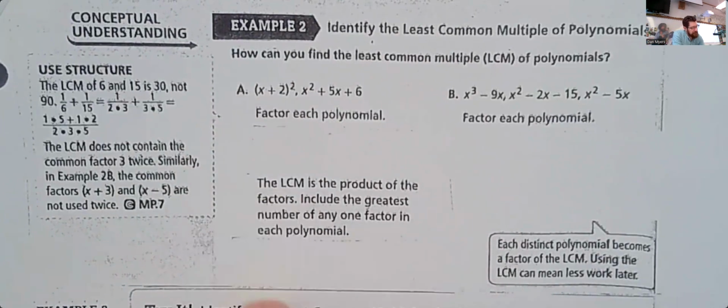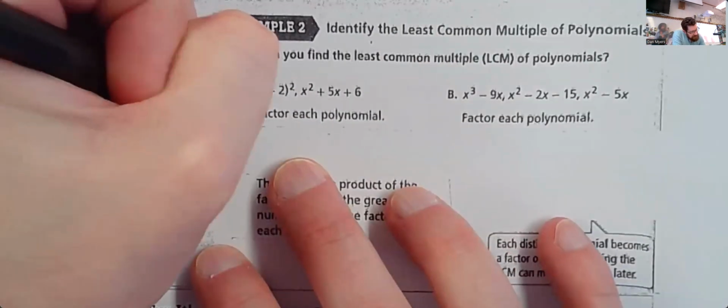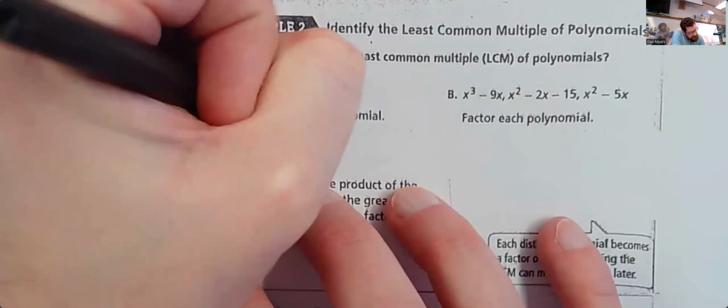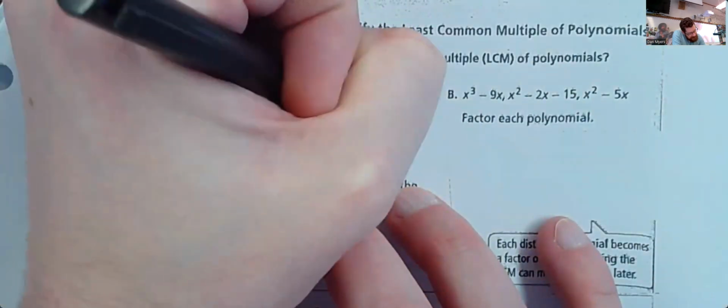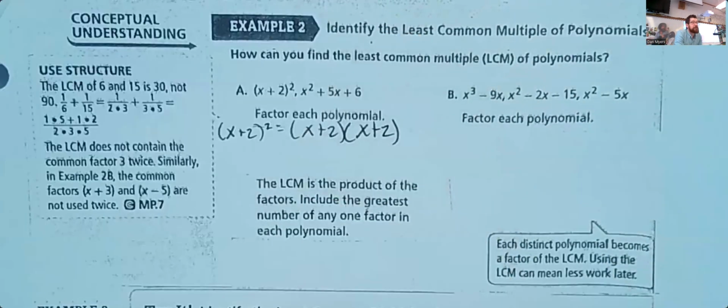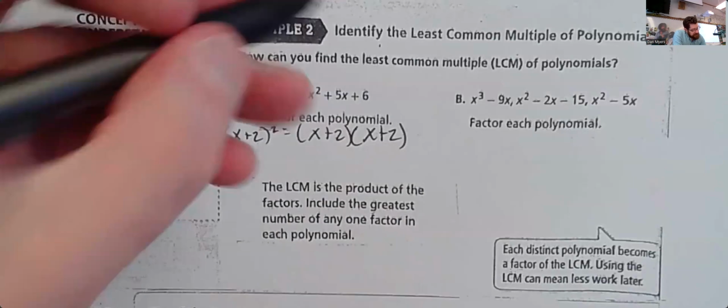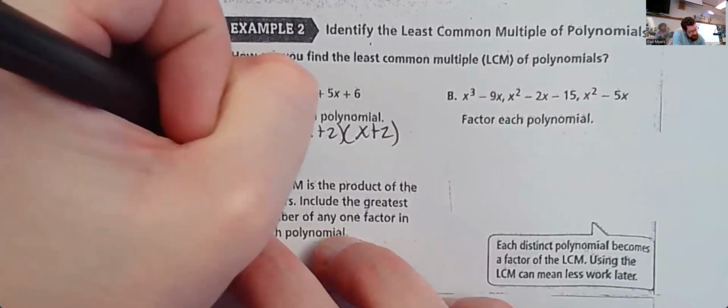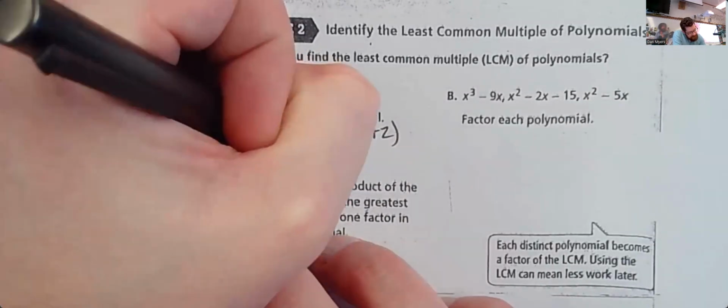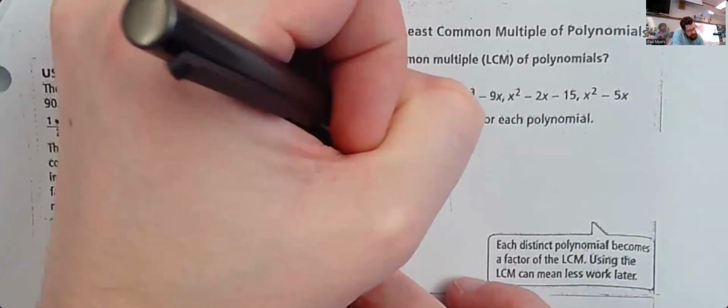So this first one, we're going to say (x plus 2) squared equals (x plus 2) times (x plus 2). Just like that, write it out twice. And then the next one, x squared plus 5x plus 6, factors to what?